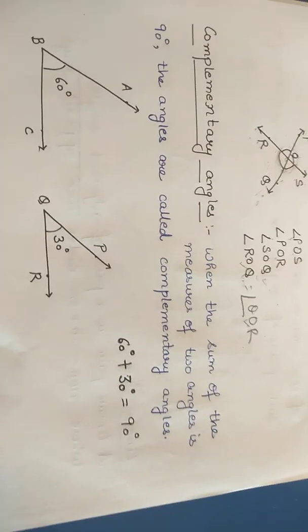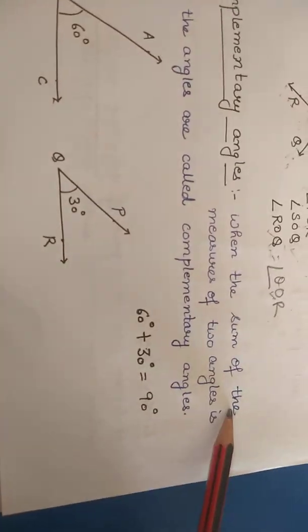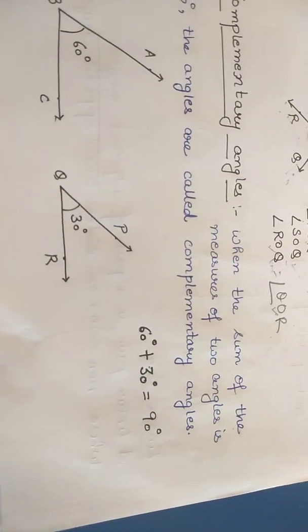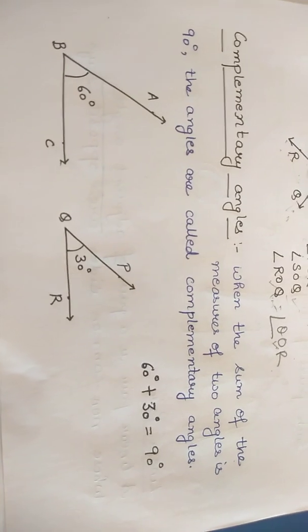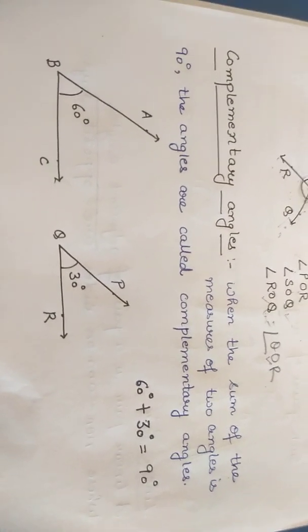Now next is complementary angles. Now what are complementary angles? When the sum of the measure of two angles is 90 degrees, then the angles are called complementary angles.